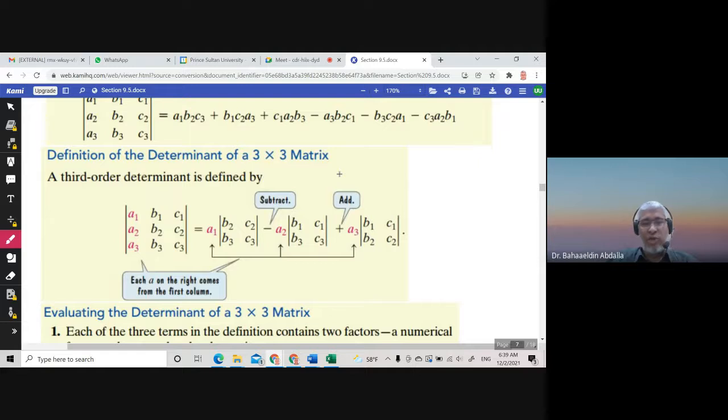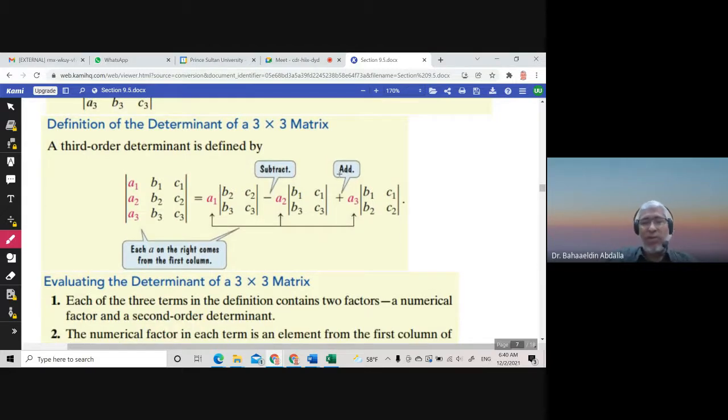I choose the first column. So A1 times its minor. If you delete A1, you have B2, C2, B3, C3. This is the minor of A1. A2 times its minor. Delete A2, the row and the column. You have B1, C1, B3, C3. This is the minor of A2. Plus A3 times its minor. Delete the row, the column, B1, C1, B2, C2.